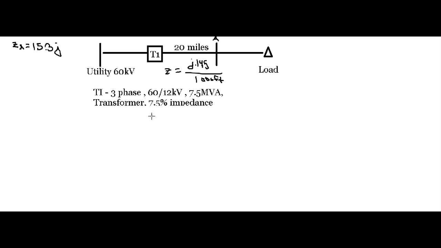Okay, the next thing I did was select the base power and the voltage base. I selected the base power of 7.5 MVA because that's shown as the total power at the transformer. So I set that equal to S, and that is three-phase.